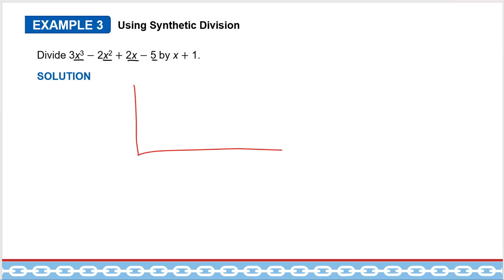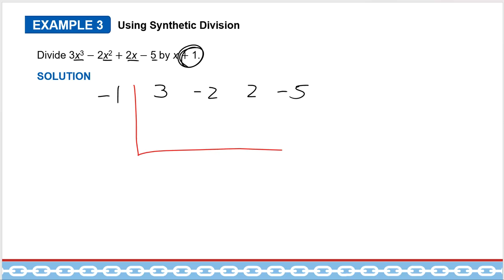So my coefficients are going to go 3, -2, 2, -5. My k value is going to be the opposite of the +1.